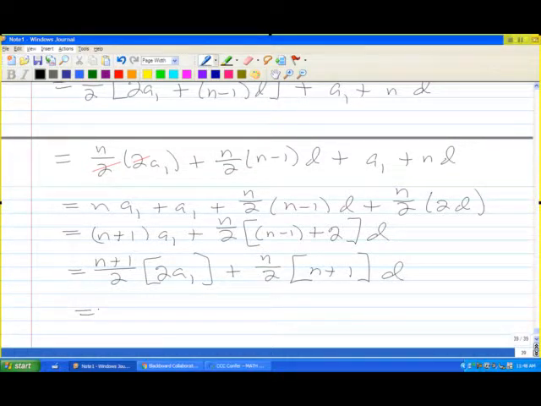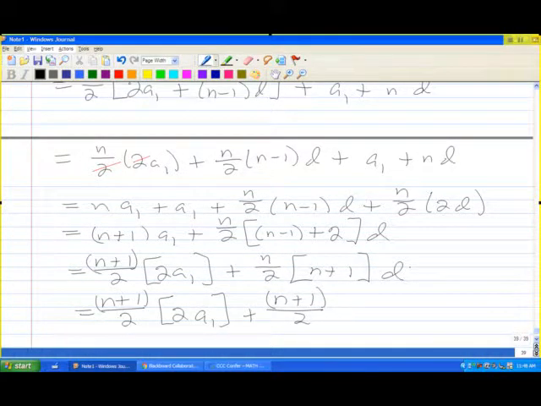And so this is equal to n plus 1 over 2 times 2a1, this becomes, well, I have an n plus 1 over 2 times nd.